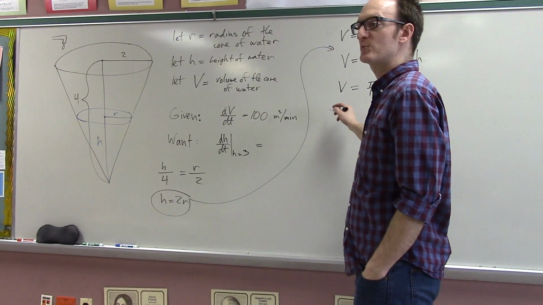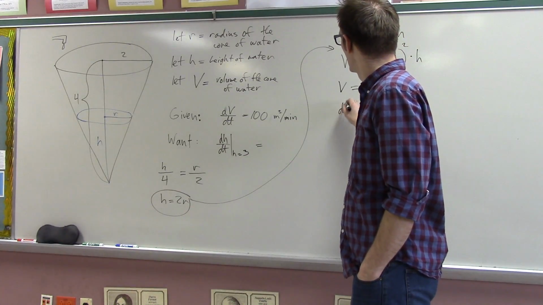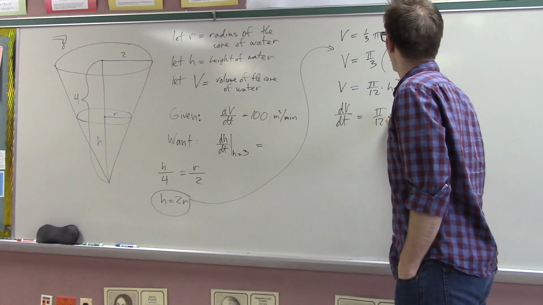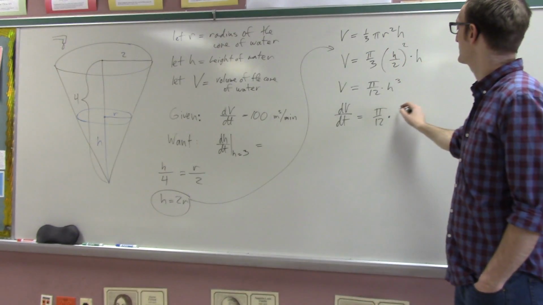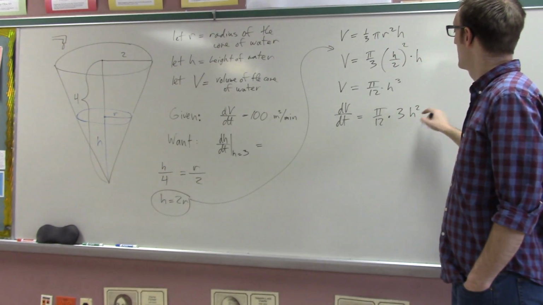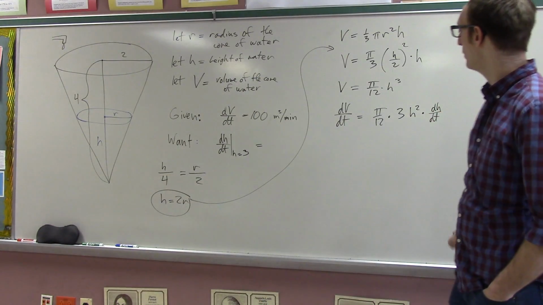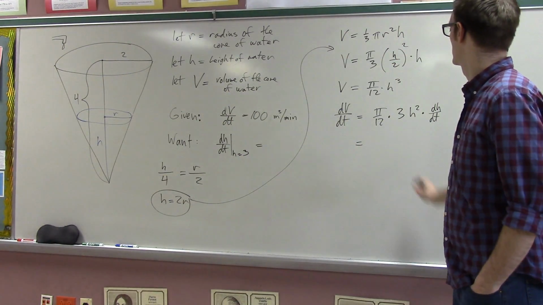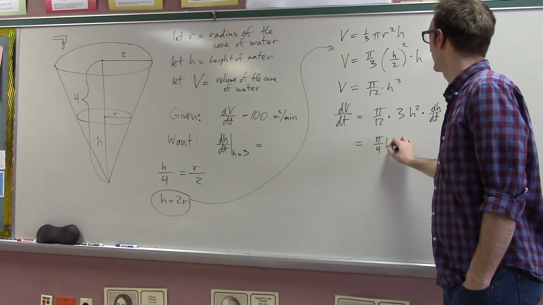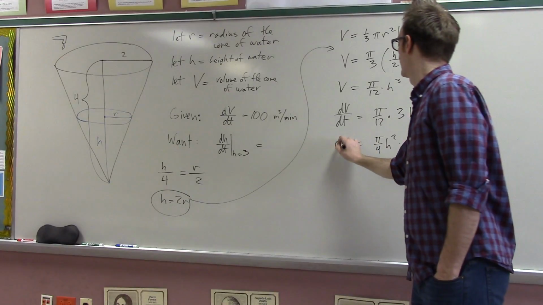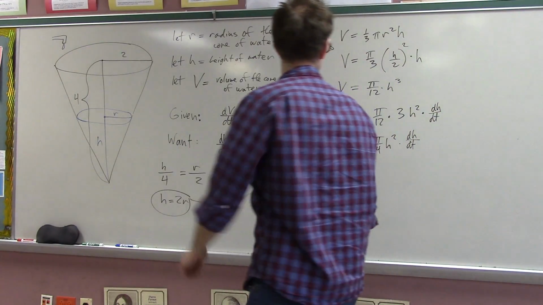Take the derivative of both sides with respect to t. So dV dt equals pi over 12 times the derivative of h cubed with respect to t, 3h squared, times dH dt. So it's like pi over 4 h squared dH dt. Okay, and now we just finish it off more or less.